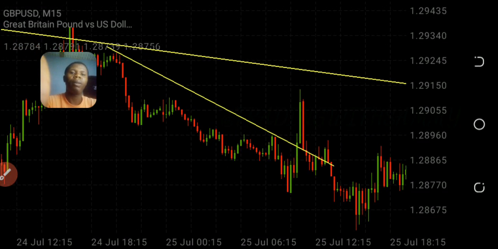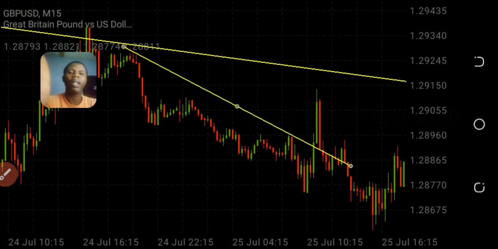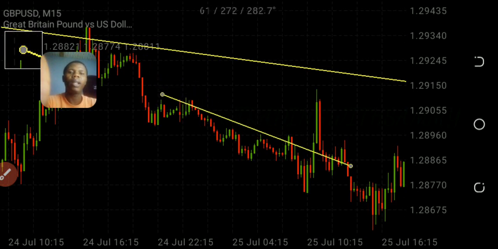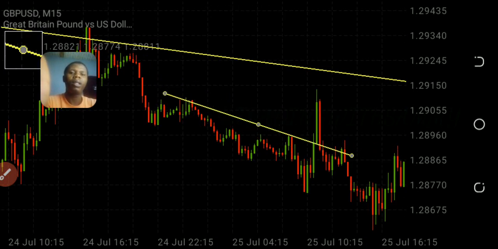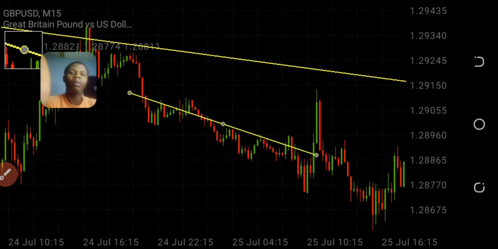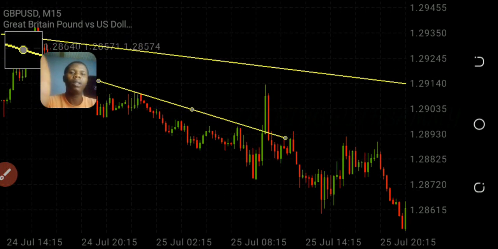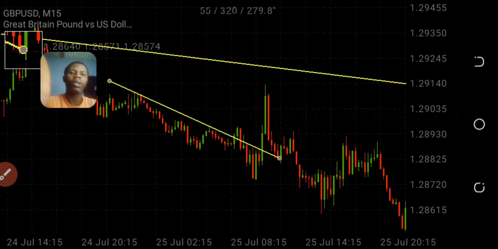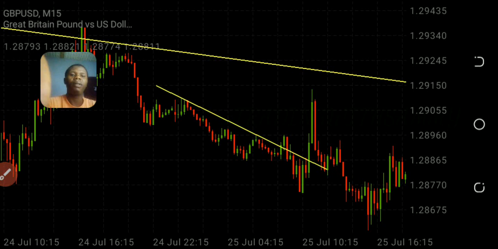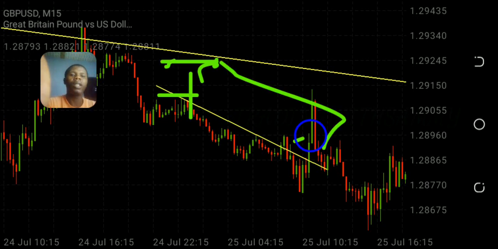Somebody might say, what about drawing the trend line somewhere here? It's still not bad. You can actually do that. You can draw this trend line here, and this happens to be your first signal telling you that the market wants to change.